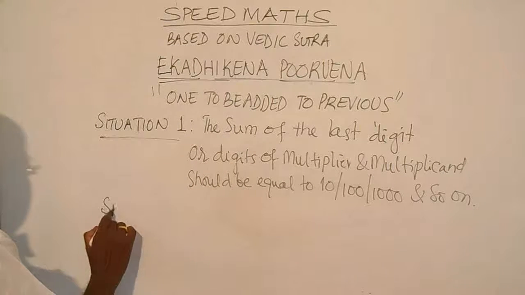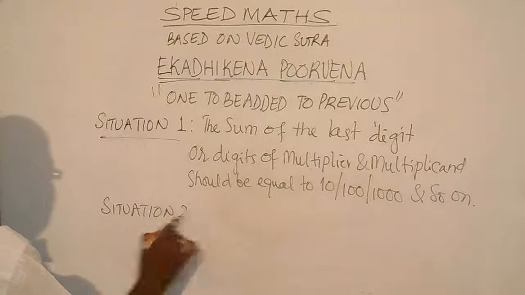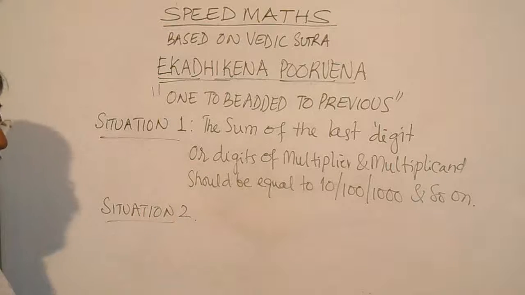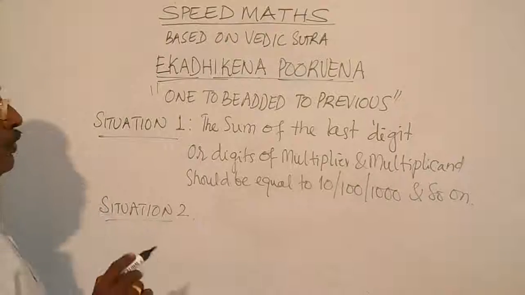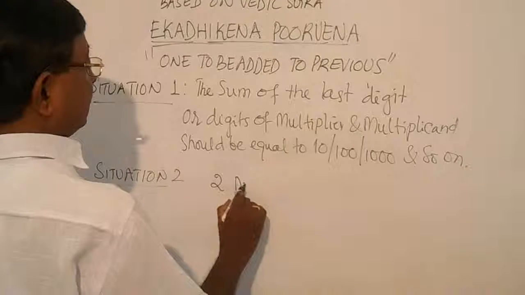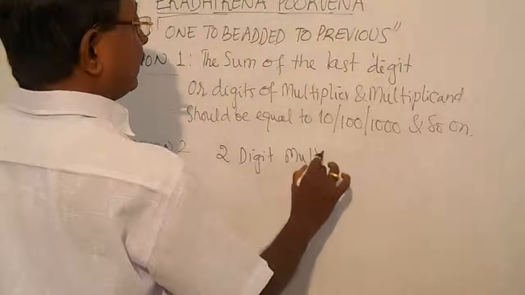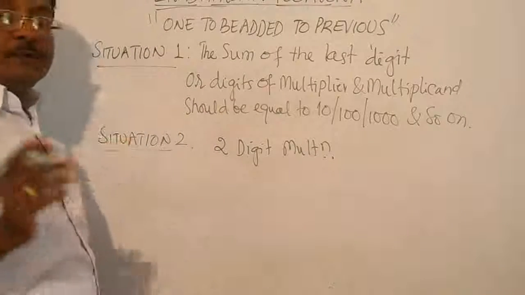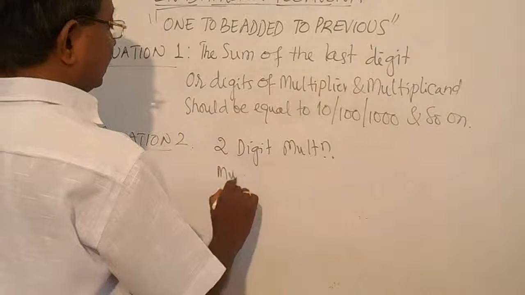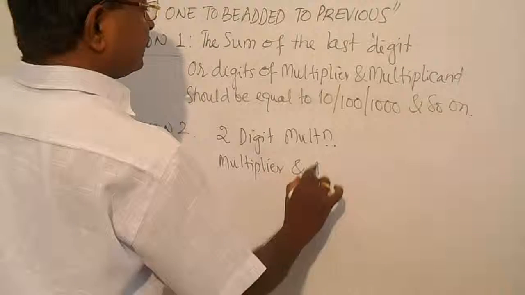And one more situation is situation number 2: the prior digit should be the same. In case of 2 digit multiplication, there are 2 terms, one is multiplier and one more is multiplicand.